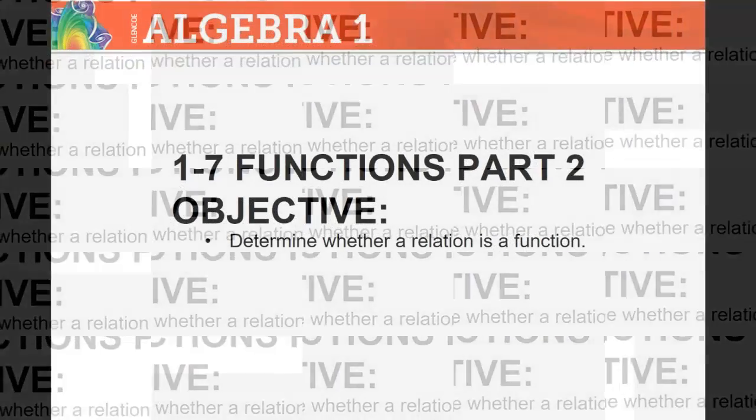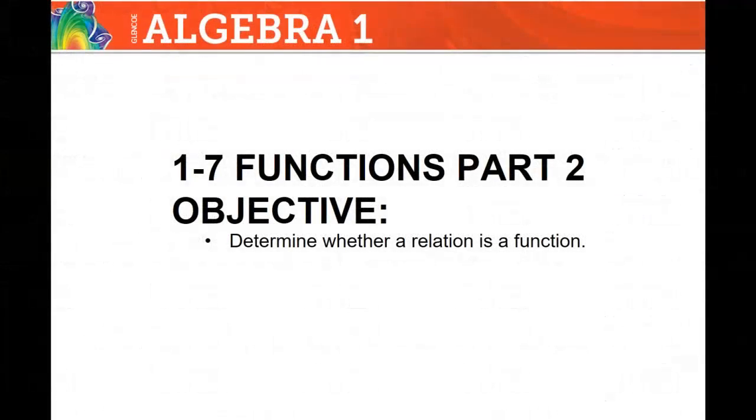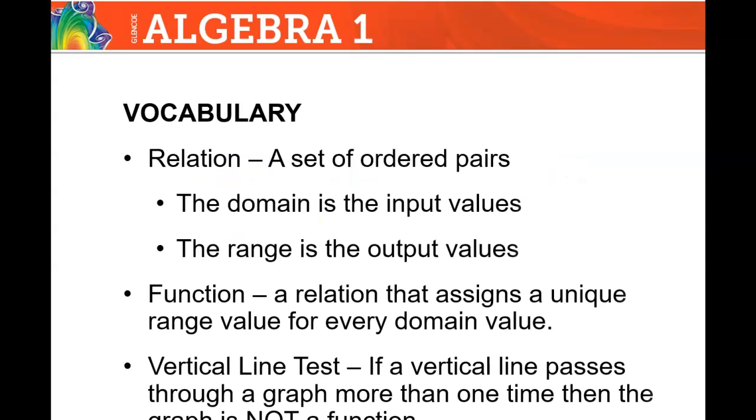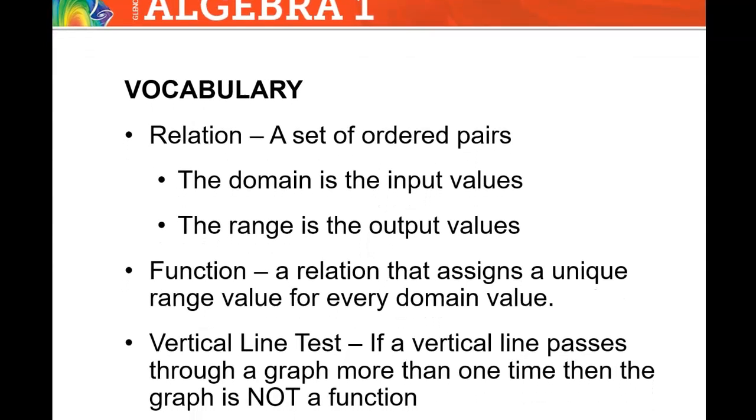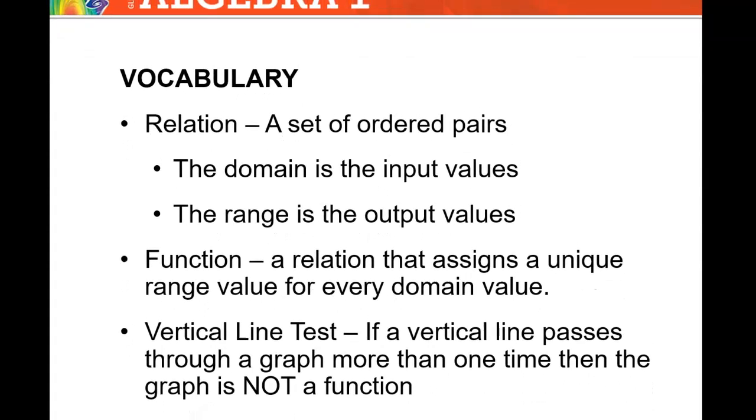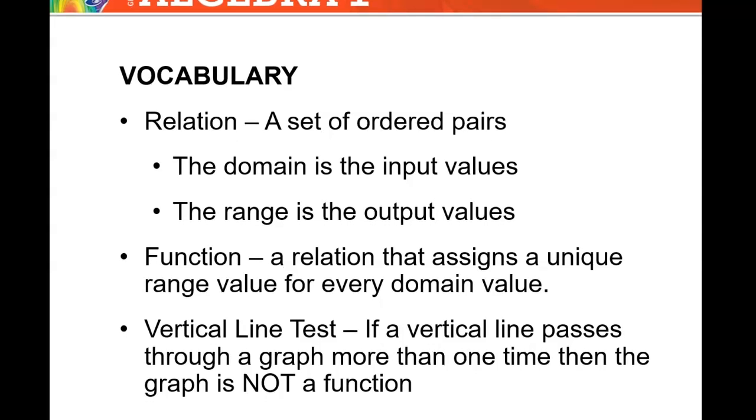All right, we are picking up with 1-7 functions, part 2, and our objective is to determine whether a relation is a function. Last week we had some vocabulary, and this week we're just going to review and reiterate those words.